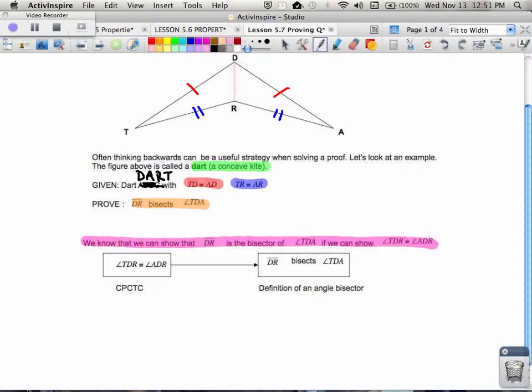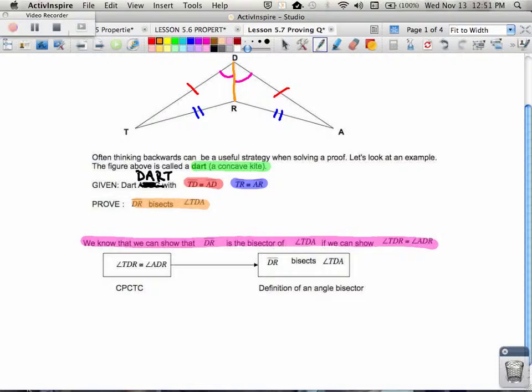is saying that if I look back up in the picture and I knew that the angle, let me erase that and use a different color, if I know that the angle TDR is the same as ADR, then I know indeed that I will have proven that this DR is bisecting the big angle TDA.